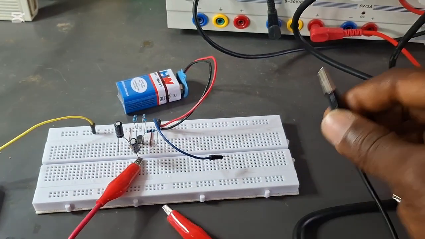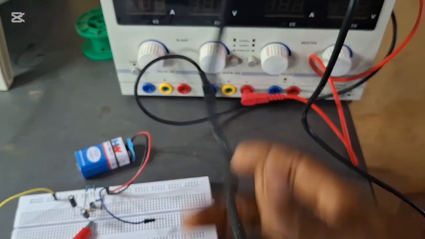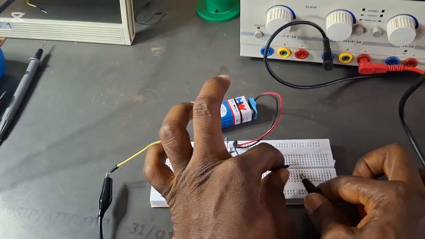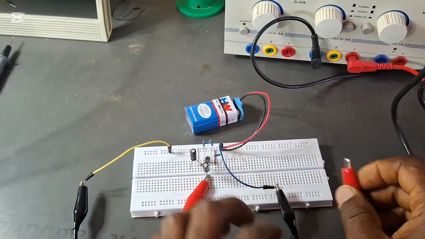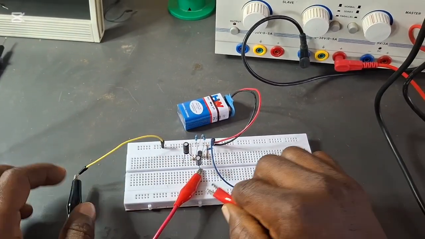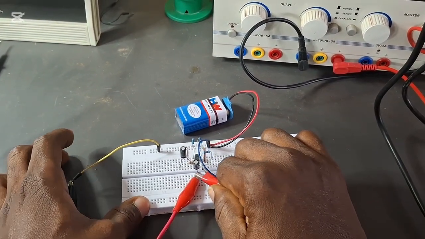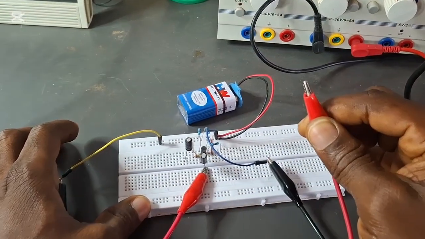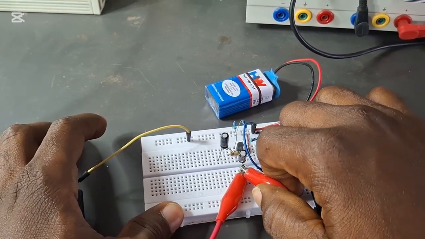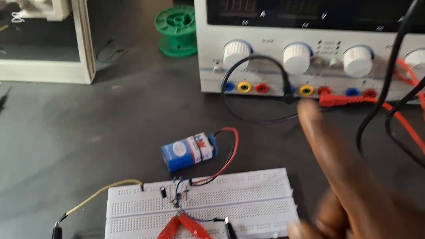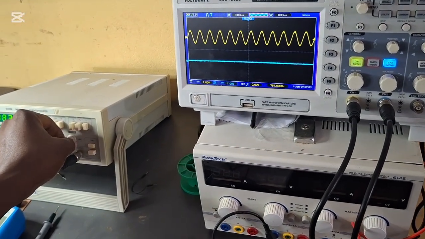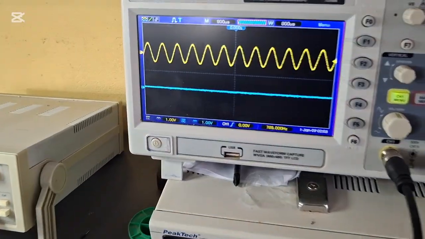and then we connect channel 1 to the same input, because we want to monitor the input signal on channel 1. So we need to connect channel 1's alligator clip to the input so that we can monitor the input signal on channel 1 of the oscilloscope.